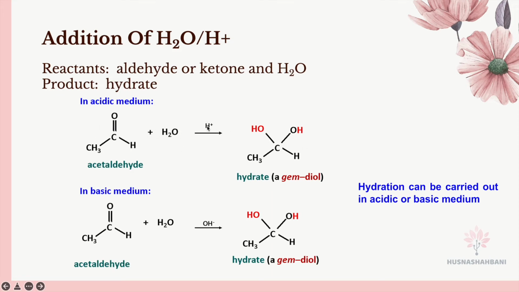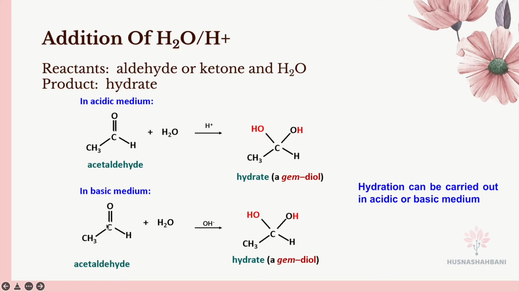H2O reacts with aldehyde or ketone in the presence of acidic H plus, so this carbon will attach to 2 OH groups. We can also call it gem-diol, geminal, meaning side by side.